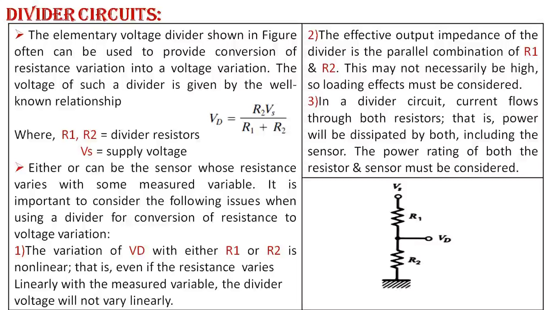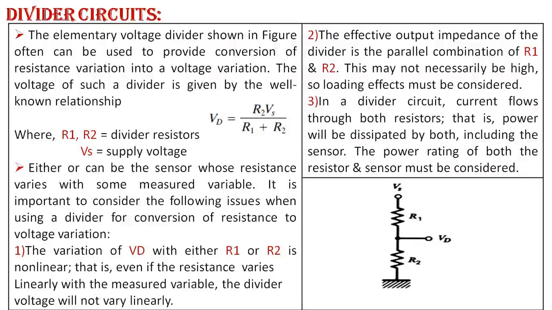It is important to consider the following issues when using a divider for conversion of resistance to a voltage variation. The variation of VD with either R1 or R2 is non-linear. That is, even if the resistance varies linearly with the measured variable, the divider voltage will not vary linearly.